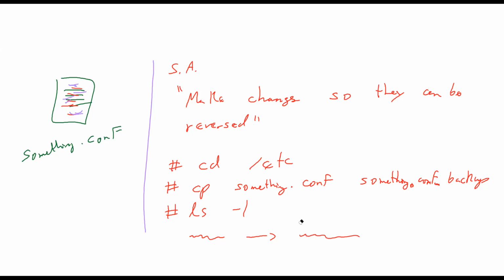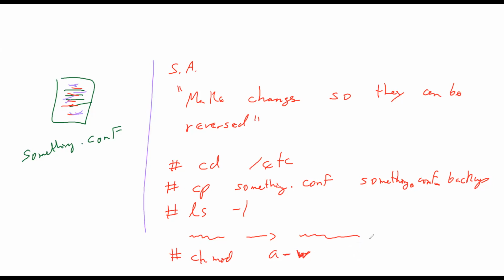And if you want to be paranoid and take it a step further, for that backup file you can do chmod, which, if you remember, changes the modes as they're called. You could write-protect the file. By doing a-w, you're taking away the write permission for all.